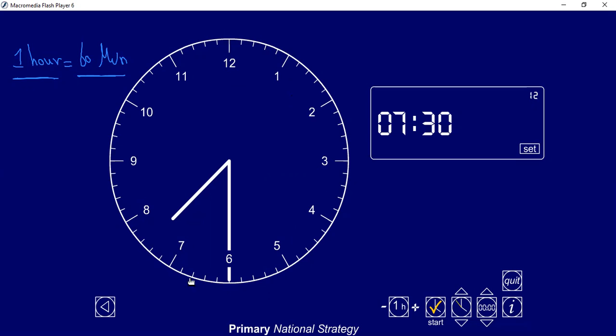So it should be 7:30. If you remember, how can we say this time as analog? We will say half past 7, and in digital we will say 7:30.